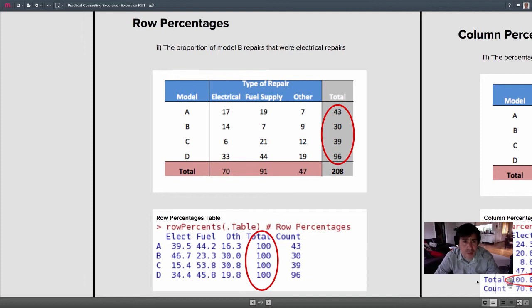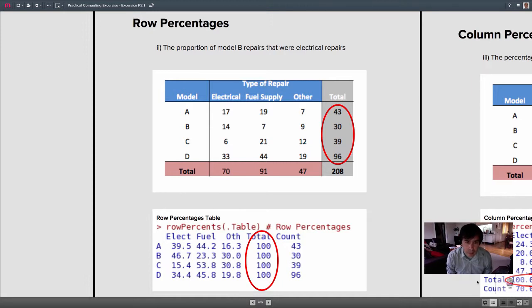Now the question is asking me the proportion of Model B repairs that were electrical repairs. I can paraphrase this question. For example, from my total number of repairs for Model B, what percentage were electrical repairs? By asking the question in this way, I identify 30 as the total number of repairs for Model B and consider this number as 100%.